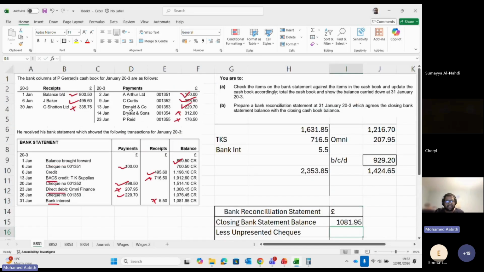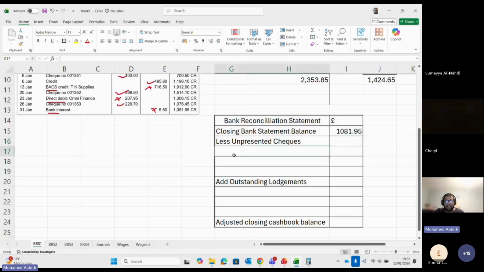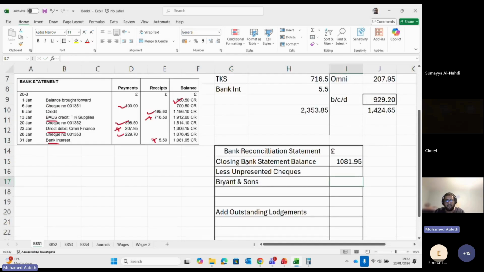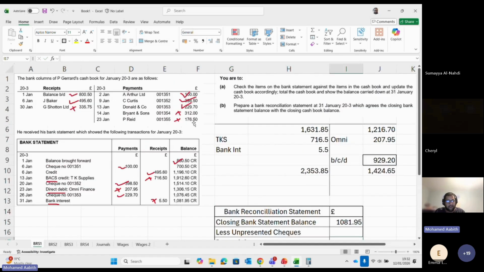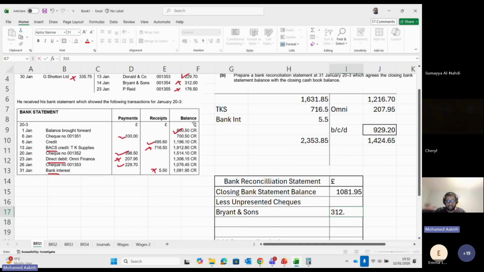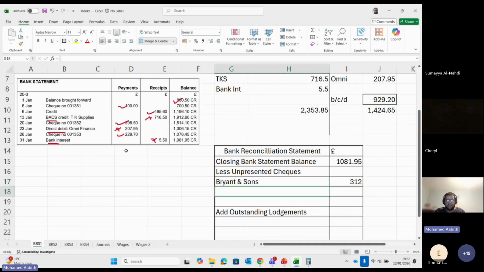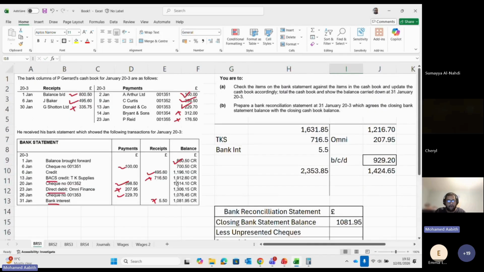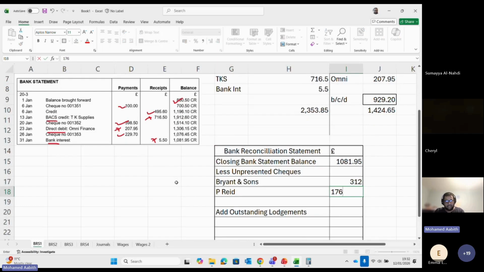The unpresented checks are this one for Bryant and Sons, and the amount is £312. And then we have one for P. Reed, which is £176.50. So those two are taken away.